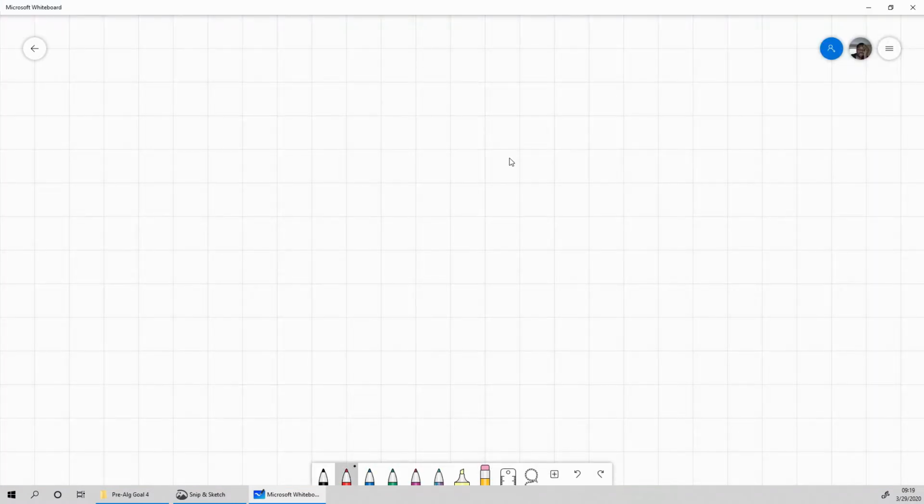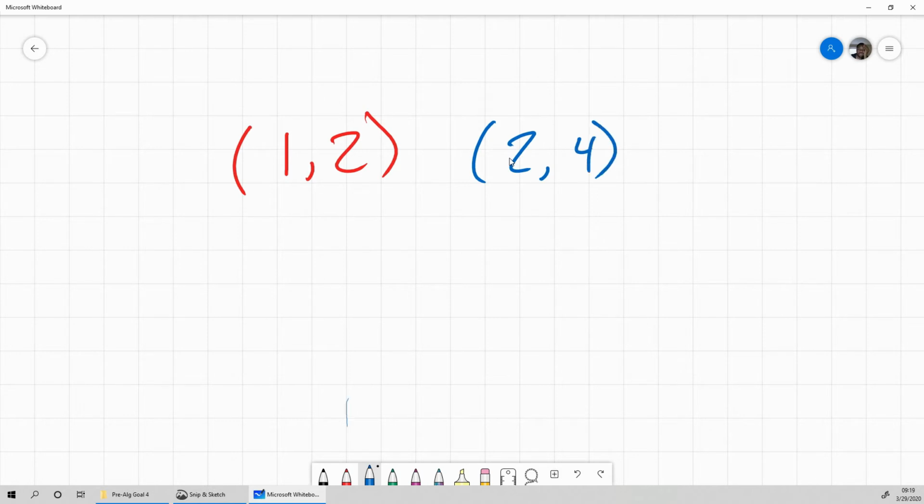Well, we'll use the same exact numbers. We had one coordinate at 1 comma 2 and one coordinate at 2 comma 4. Typically, this is my x and this is my y. We still want rise over run.